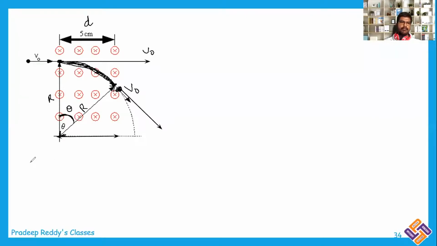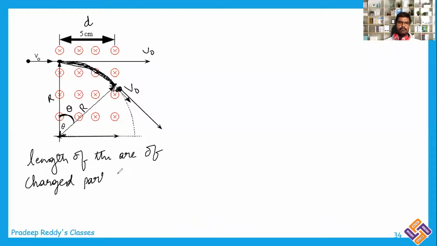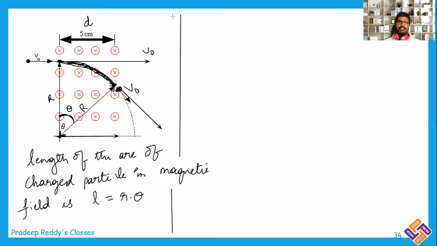Now I can write the length of the arc of a charged particle in a magnetic field: L is equal to R into theta, where R is the radius of curvature of the charged particle.